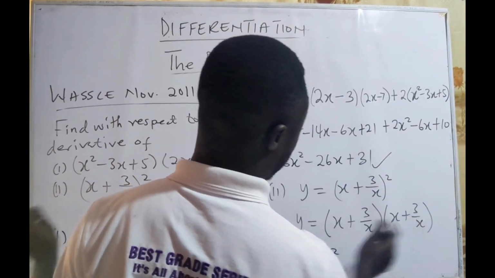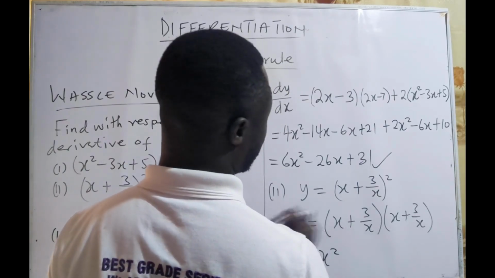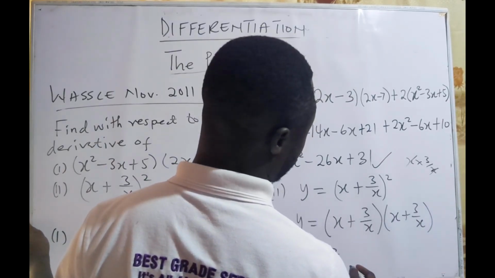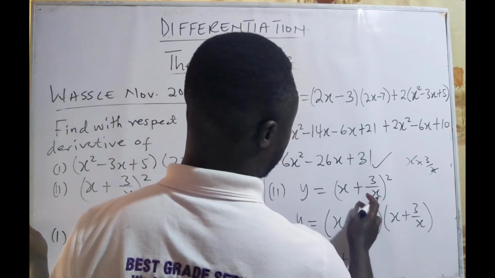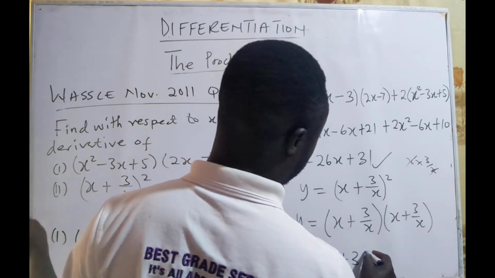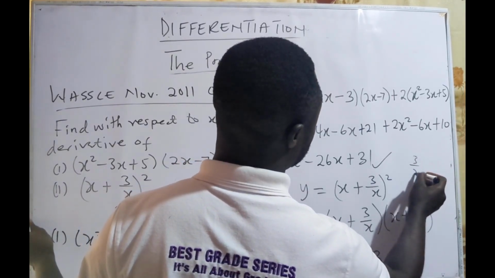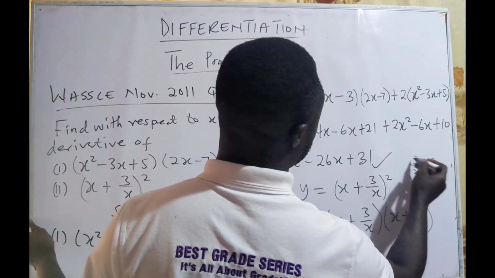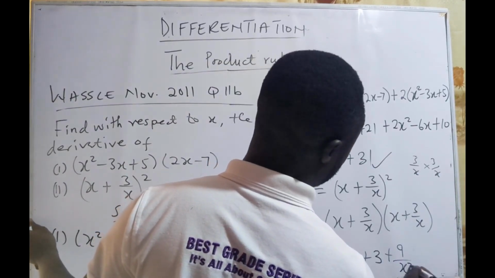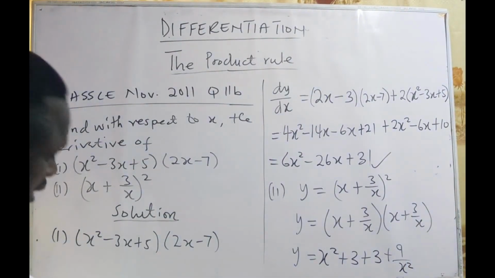S times 3 over s will give me 3s over s, so s will cancel and I get plus 3. Then 3 over s times s, the s will cancel, that will also be plus 3. Then 3 over s times 3 over s is 9 over s squared.